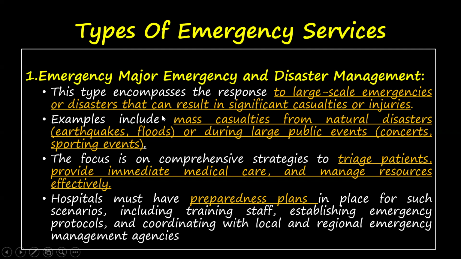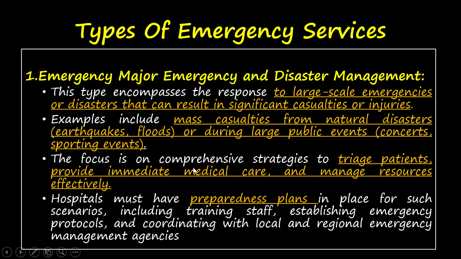Examples include mass casualties from natural disasters, earthquakes and floods, or during large public events, concerts or sporting events, or even campaigns. Sometimes during the elections, people are in a big stadium, there are very many people, and maybe something happens in the stadium. Even terrorist attacks can be included here. When you are in a crowded place and then you are attacked, there's some bomb blast.